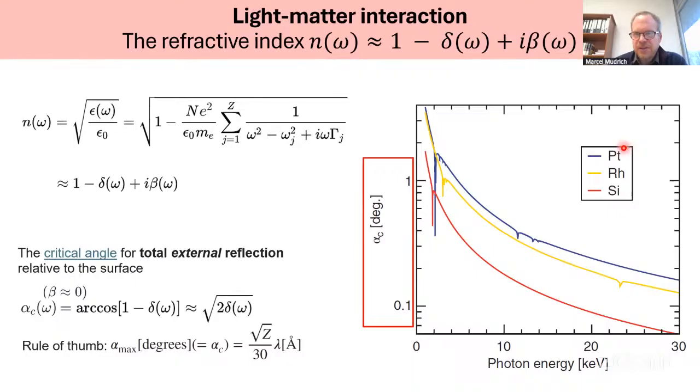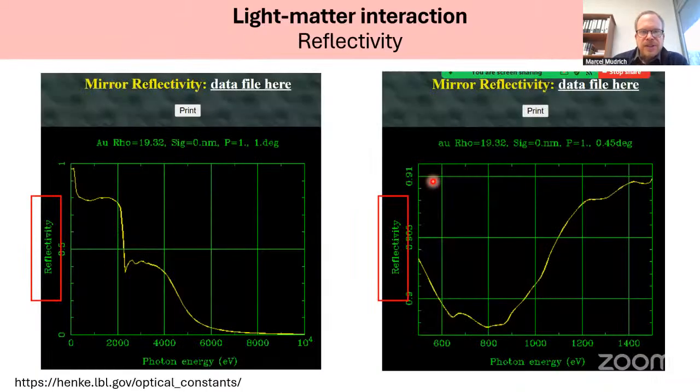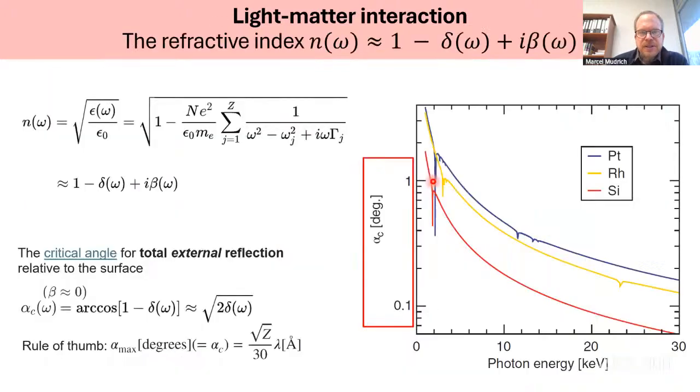Regardless which material we consider, platinum, rhodium, silicon, or so, and in the full range of X-ray photons, the critical angle is typically below 1 degree. And that means that if we want to exploit total external reflection for achieving high degrees of reflectivity, we need to mount our mirror surfaces at this very small angle.